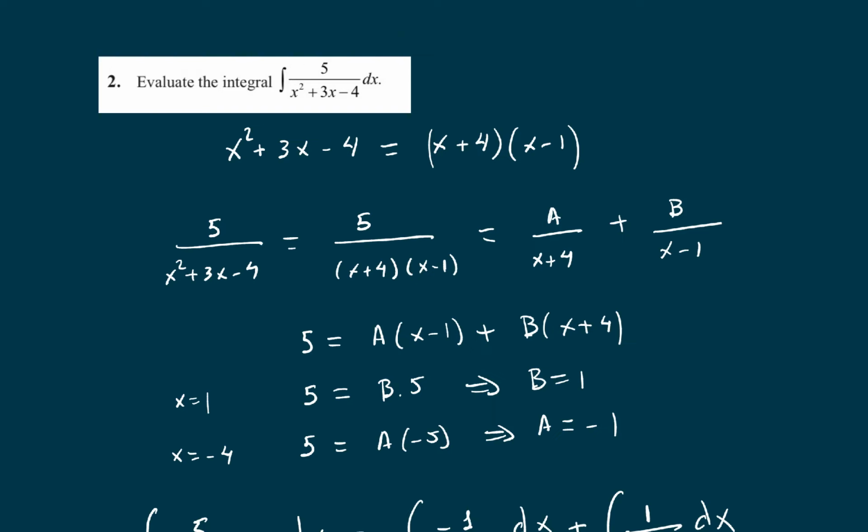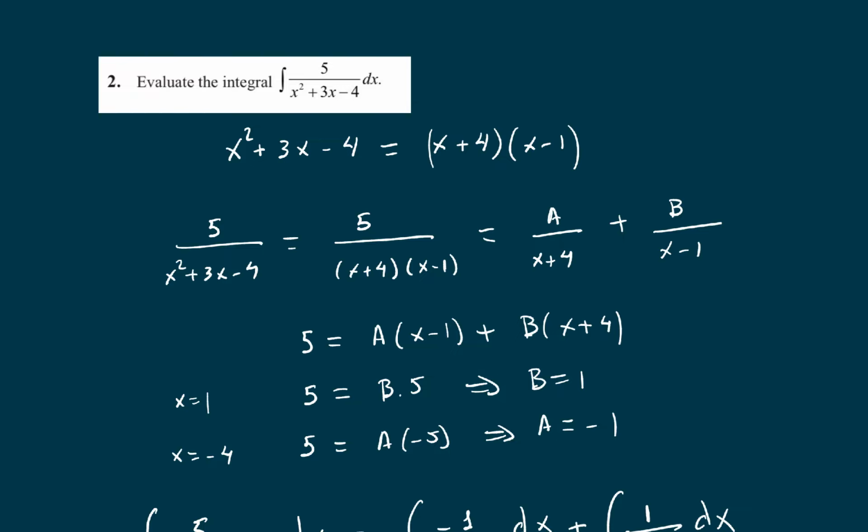Partial fractions say that this can be converted into the sum of two functions: A divided by the first linear term, x plus 4, plus B divided by the second linear term, x minus 1. And we need to find A and B. Wow!